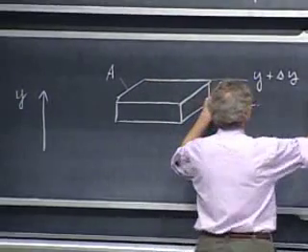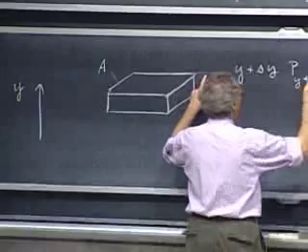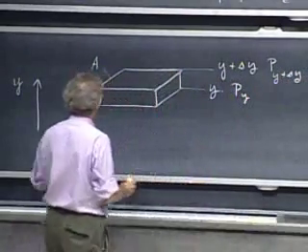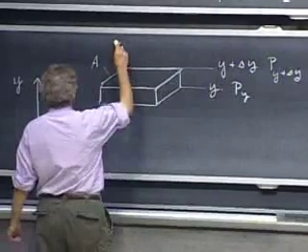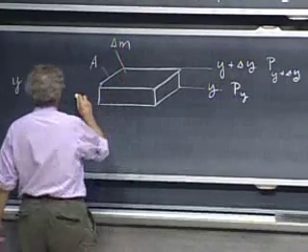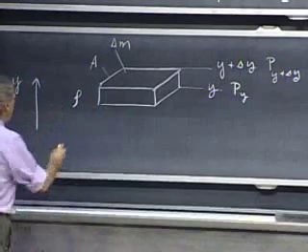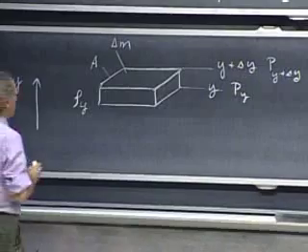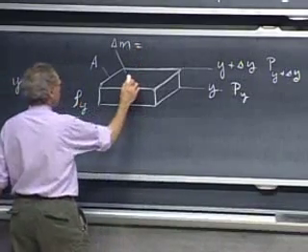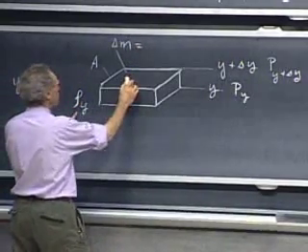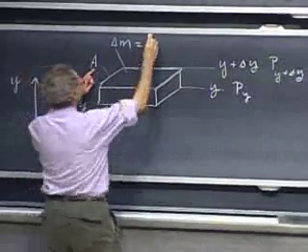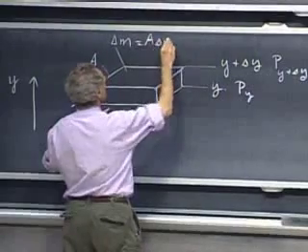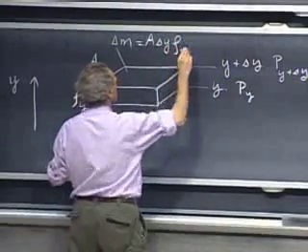And the pressure here is p of y plus delta y, and the pressure here is p of y. And this object has a mass delta m. And the liquid has a density rho, which could be a function of y. We will leave that open for now. And so the mass that I have here is the volume times the density. And the volume is the area A times delta y. And then times the density, which may be a function of y.